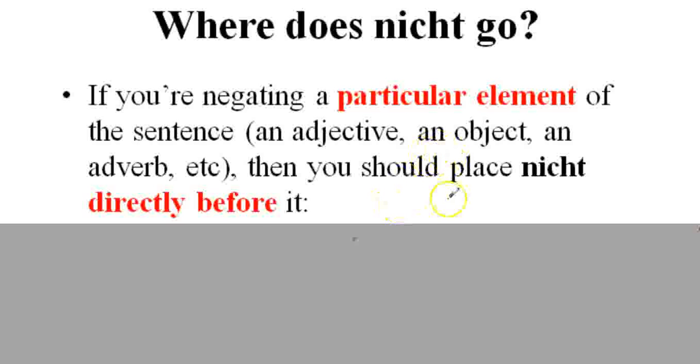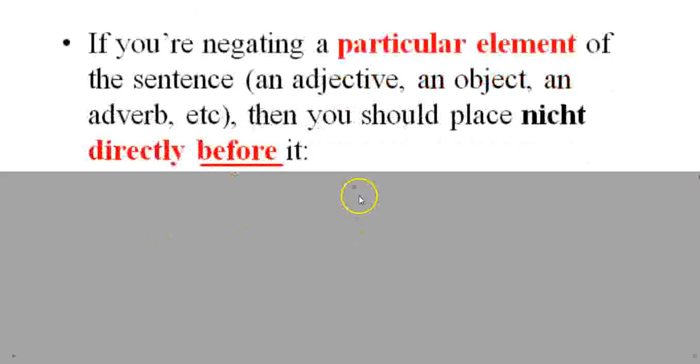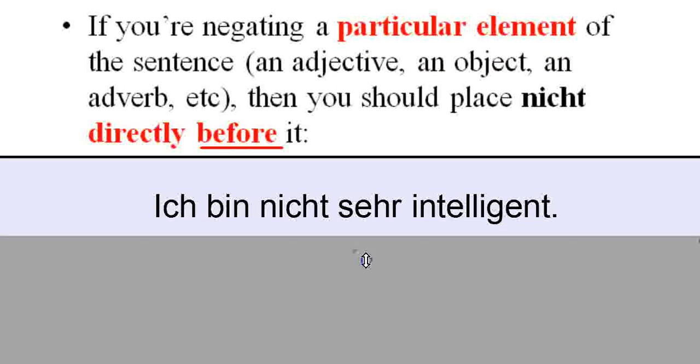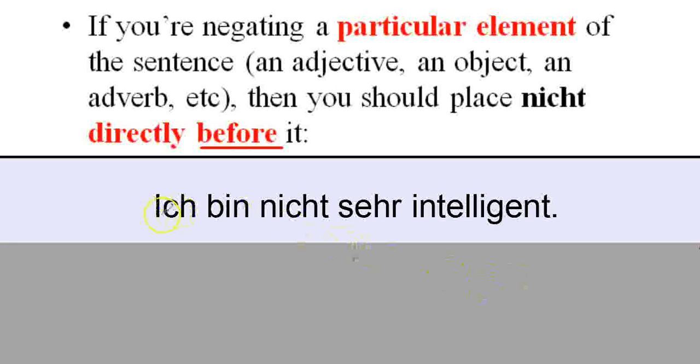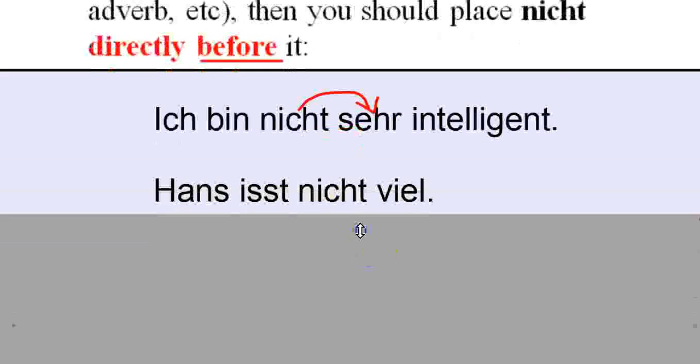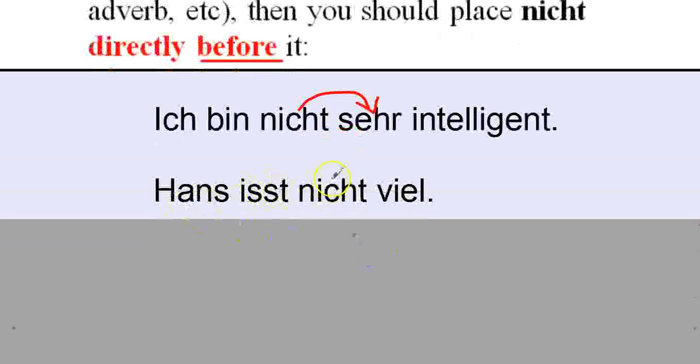So make sure you put it before. So if you take a look at this, ich bin nicht sehr intelligent. So maybe you are intelligent, but you're not very intelligent. So this is negating that element. Hans isst nicht viel. So Hans does eat, but he just doesn't eat a lot.